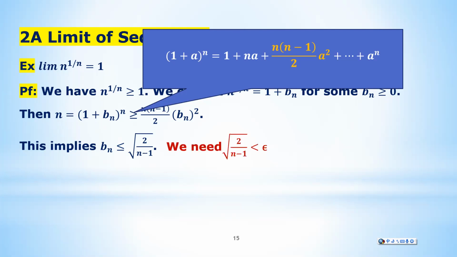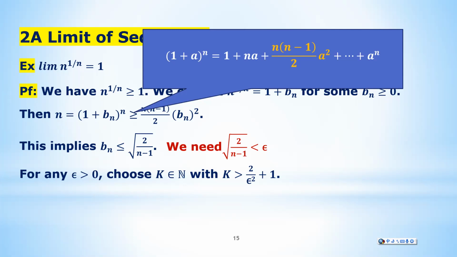Okay, so now in order to prove the final inequality, we need this to be less than epsilon. Square root 2 over n minus 1 is less than epsilon. So now you can begin the key paragraph. For any epsilon greater than 0, you choose k such that k is greater than... I didn't put additional detail here.